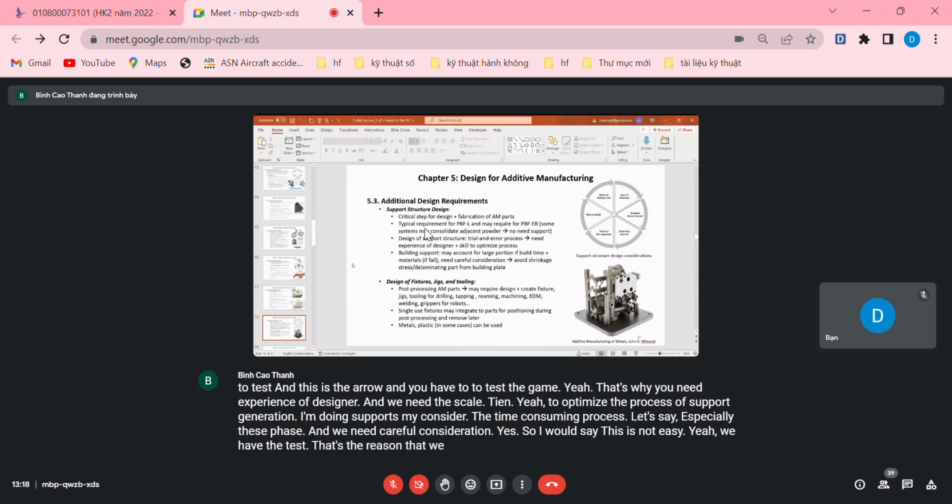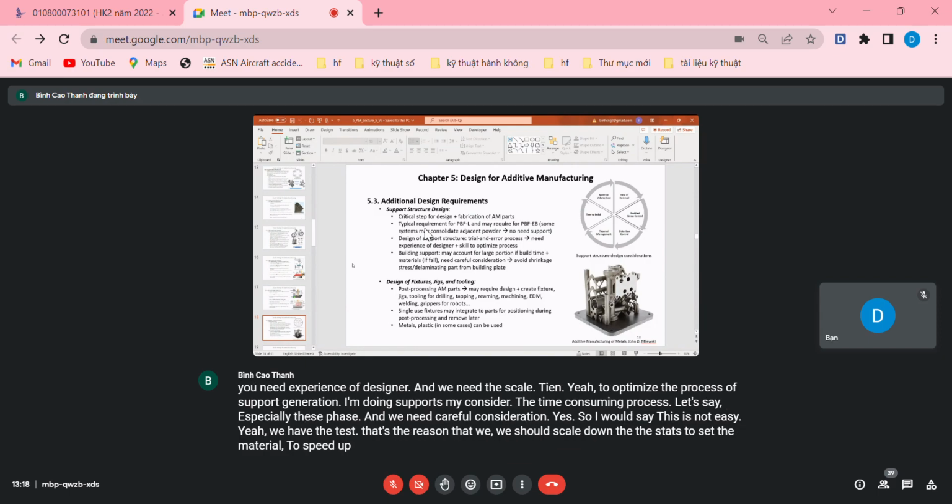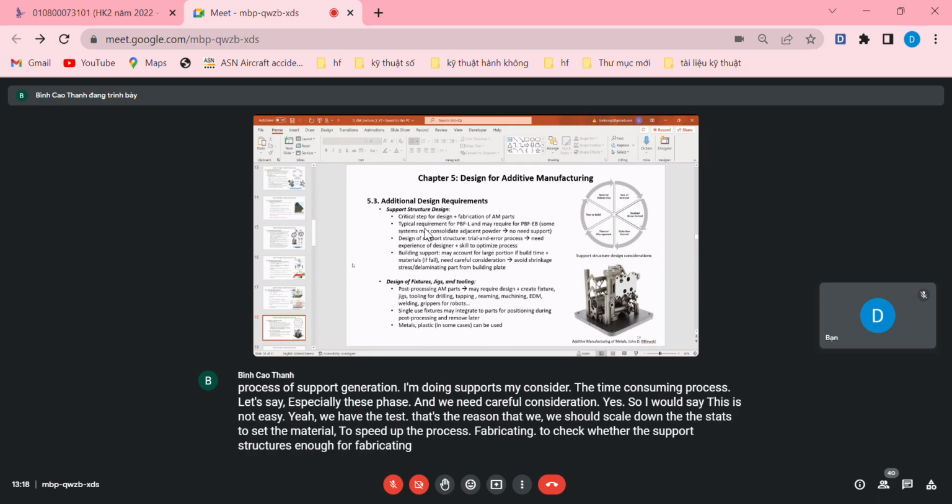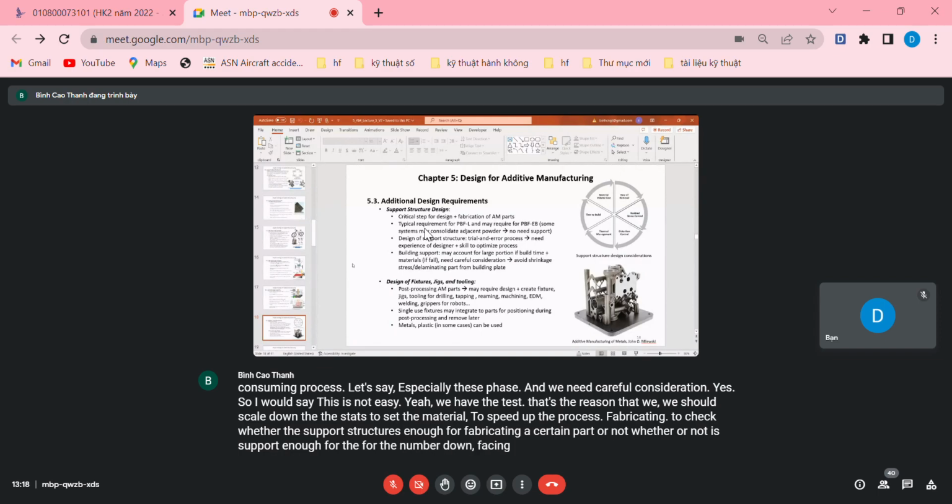That's the reason that we should scale down the part and set the material to speed up the process of fabricating, to check whether the support structures are enough for fabricating a certain part or not, whether the support is enough for the number of down-facing surfaces of the structures.